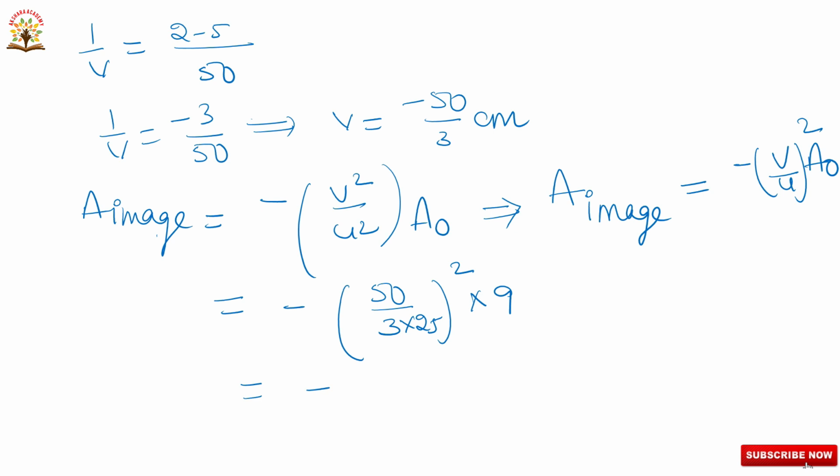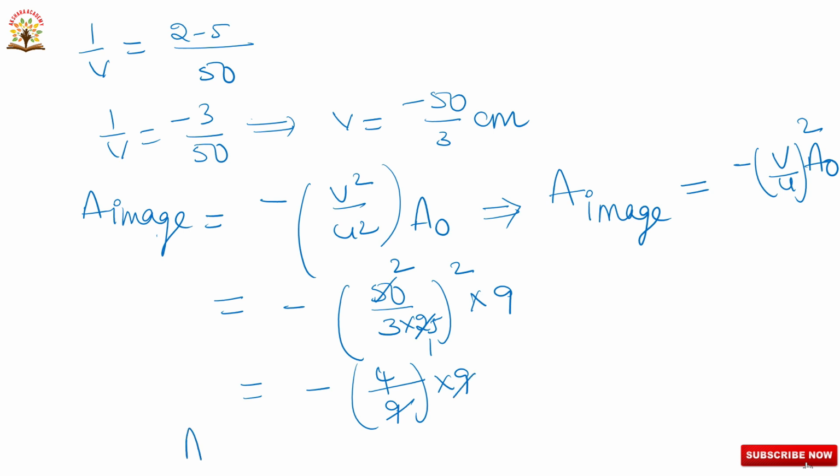That is equal to minus 50 by 25 into 3. Here we are getting 50 by 25, that is 2, so 2 by 3 whole square. 2 square is 4, 3 square is 9, into 9. So 9 gets cancelled.